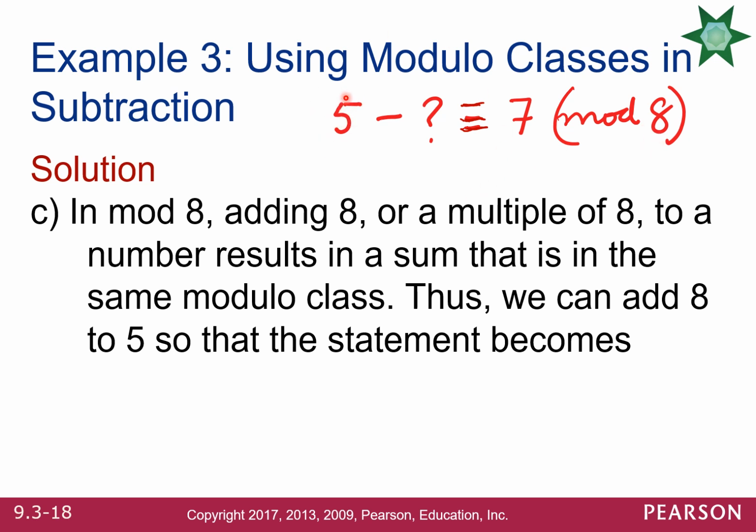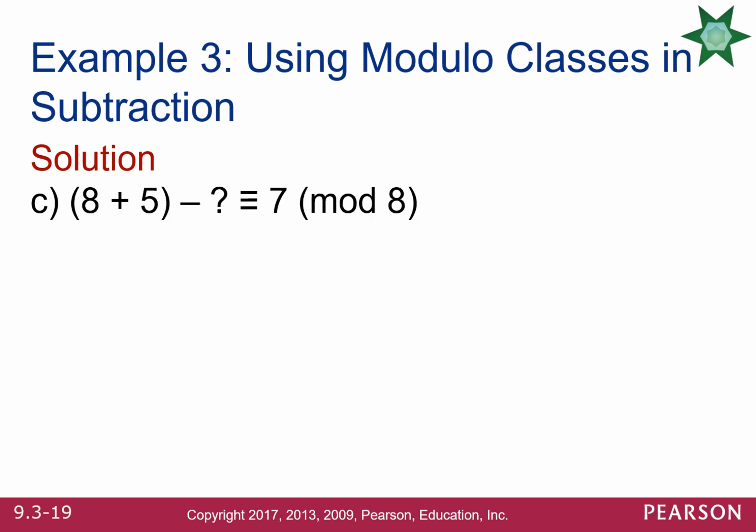Right? So we're going to add 8 to the 5, and then we are going to find a replacement value for the question mark to get a value of 7 on the left hand side, which should be the same as whatever the remainder value is. So let's go to the next slide and see the subsequent steps.